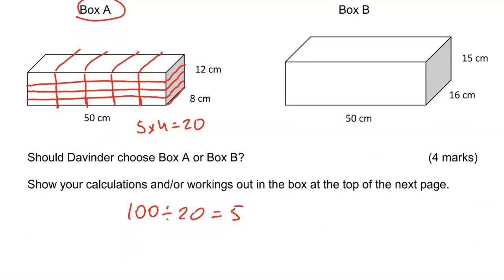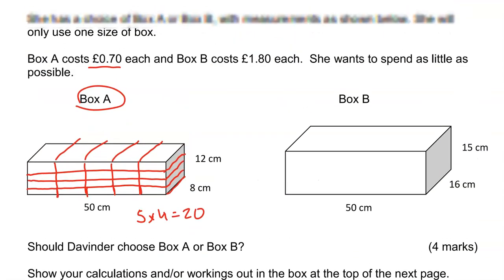So if we do 5 times 0.70, it gives us £3.50. Now let's look at box B.